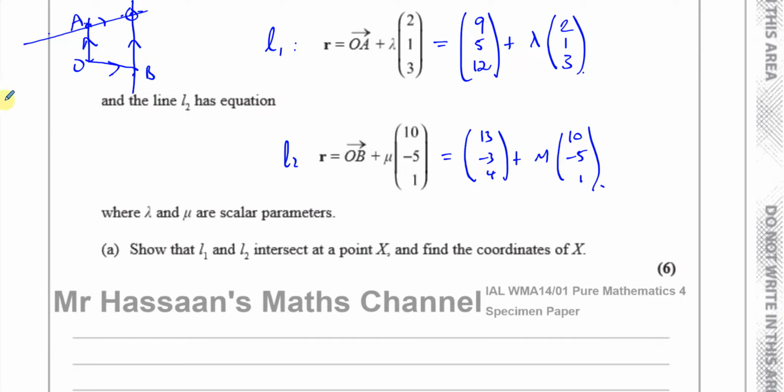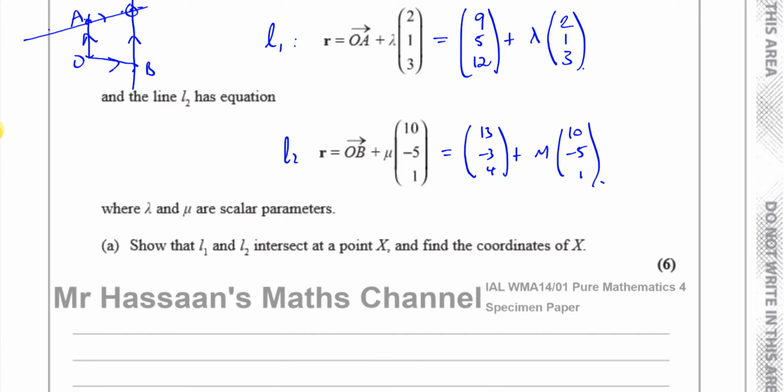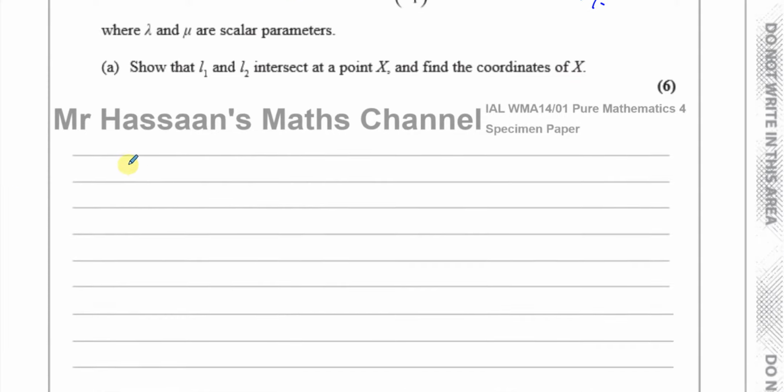So the way to do this is to equate these two equations to each other. So we can say that there's a value of lambda and a value of mu for which these two will be the same. So (9, 5, 12) plus lambda times (2, 1, 3).